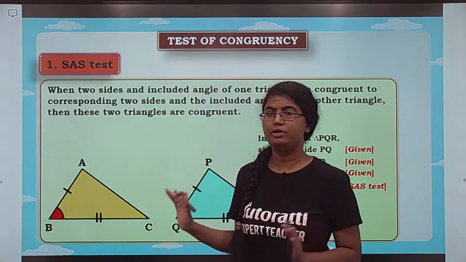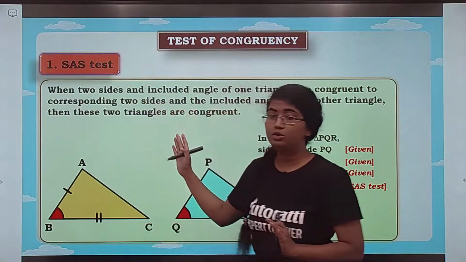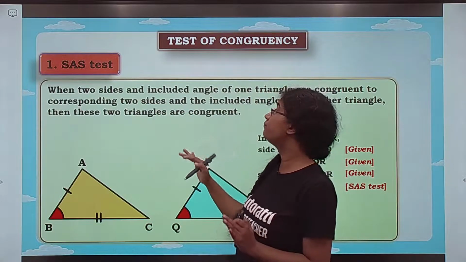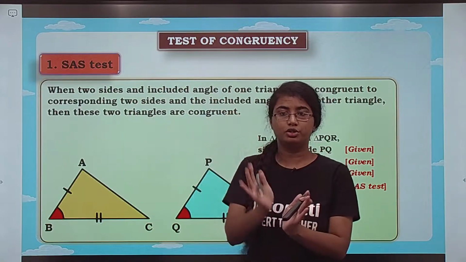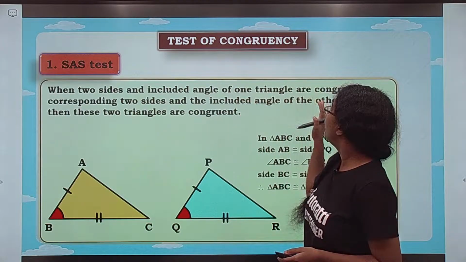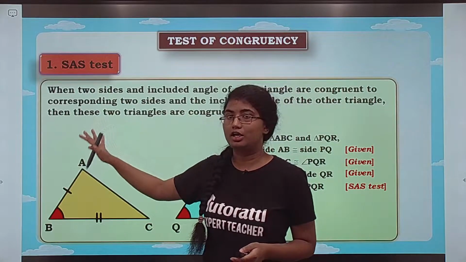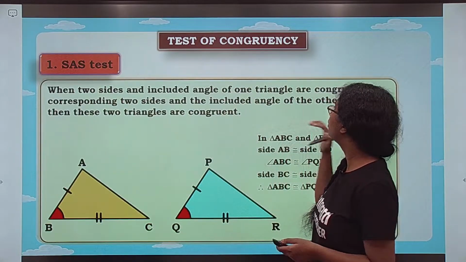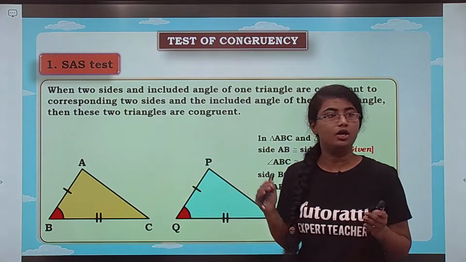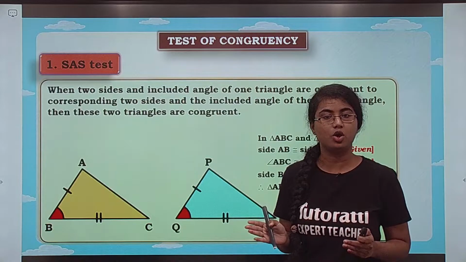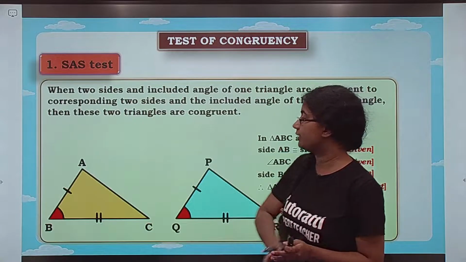Let's take an example and make it less complicated. When 2 sides and an included angle of one triangle are congruent to the corresponding 2 sides and the included angle of the other triangle, then these 2 triangles are congruent. Alright, now let us see.